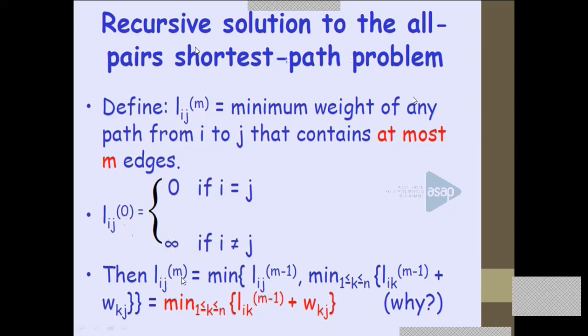Okay, involving 0 edges. Then Lij M, at most M edges, means there is a path consisting of M minus 1 edges and a path consisting of the last edge, Wkj. This will be the minimum over the path from I to J that we are splitting through the intermediate vertex K. Then I to K, that is the distance involving M minus 1 edges, plus the last edge weight Wkj.